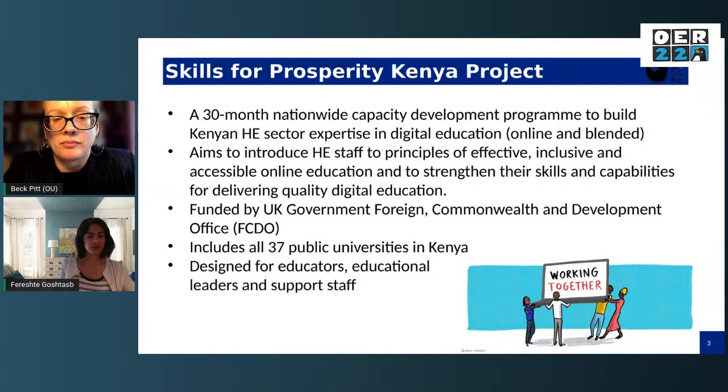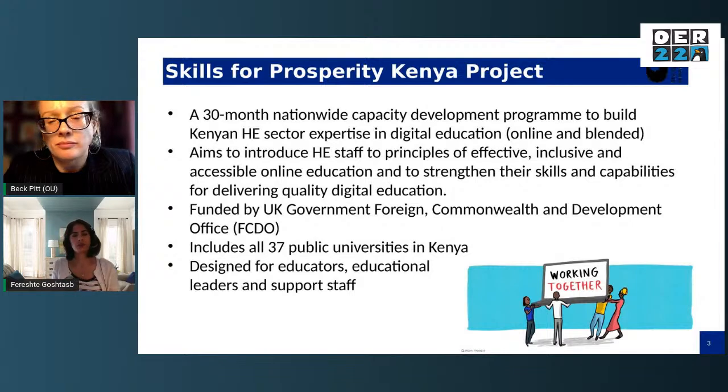So Skills for Prosperity Kenya is a 30-month capacity development project. You may hear Skills for Prosperity in other countries. There are 8 different countries that have a quite similar aim of developing staff capacity in online education.